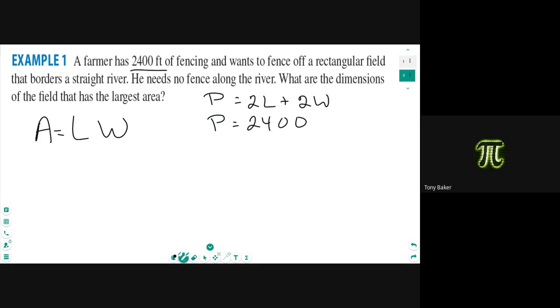What does he say in the problem that's going to probably change one of those two equations? We're missing one of the sides because we don't need one along the river, right? All right, so we'll do 1L plus 2W. So one length and two widths.